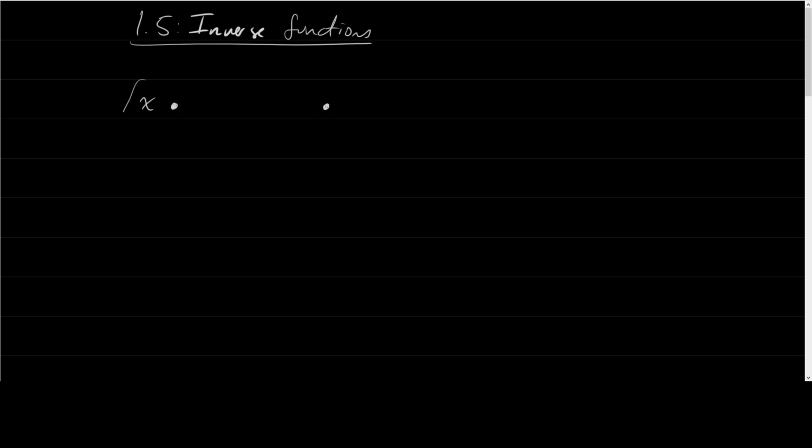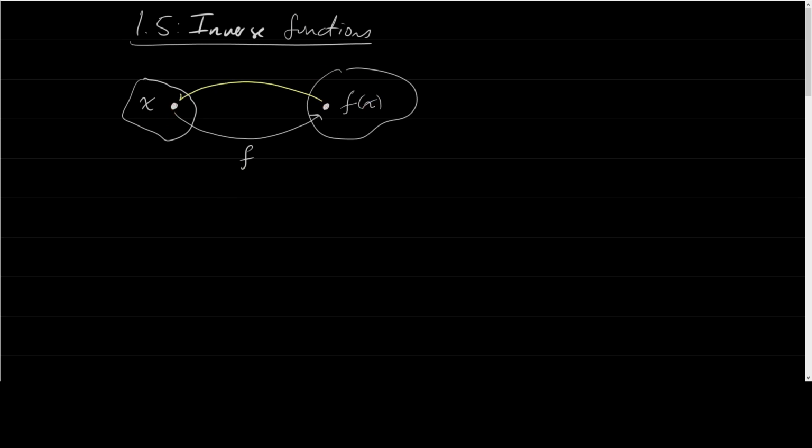A function takes some element x, right, from the domain to some element f of x via some function f, right? Well, if we want to go backwards, so here we're going from some element x to its image. If we want to go from the image back to the original element, we'll have to do it using f inverse, all right? The inverse function. So that's the general idea of what an inverse function is.